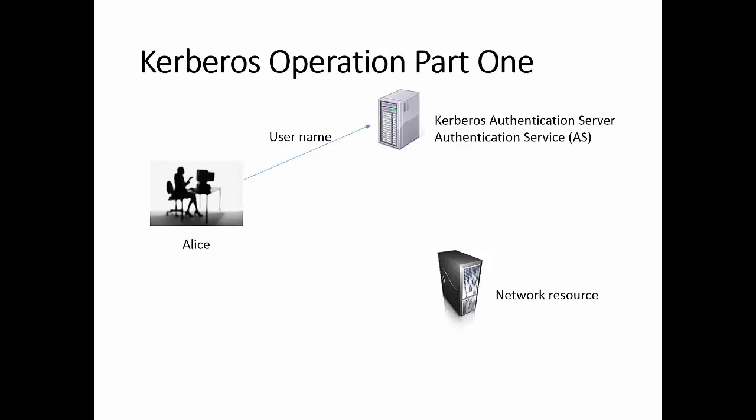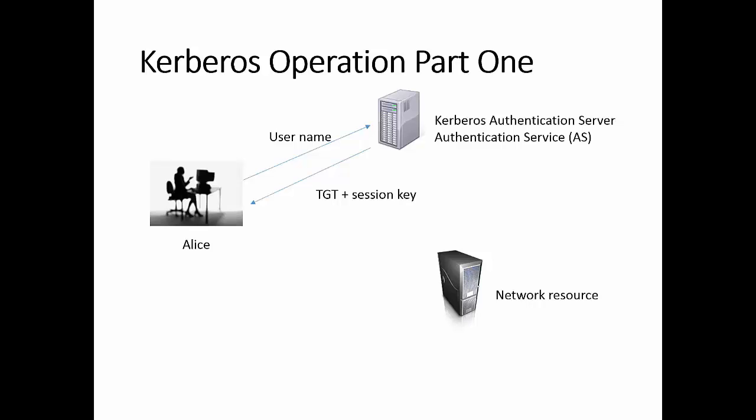Once the authentication part is done, KAS, or Kerberos Authentication Server, sends a ticket granting ticket and a session key. Both the ticket granting ticket and the session key are encrypted. However, the session key is encrypted using the symmetric key encryption method with an encryption key, which is the password Alice provided.